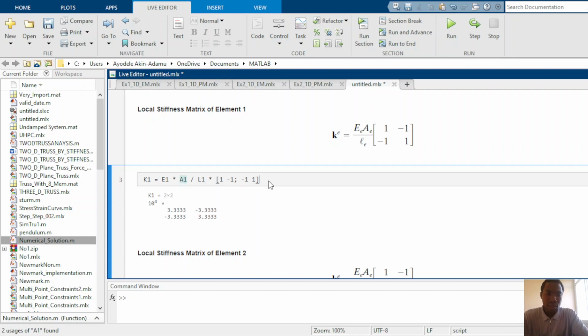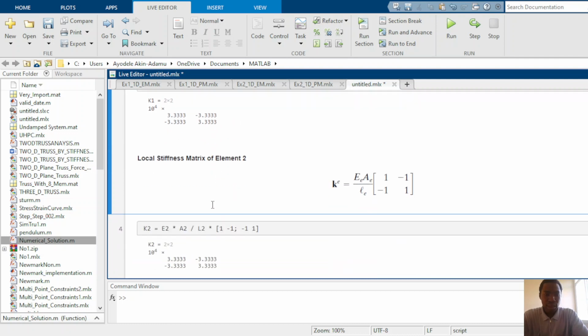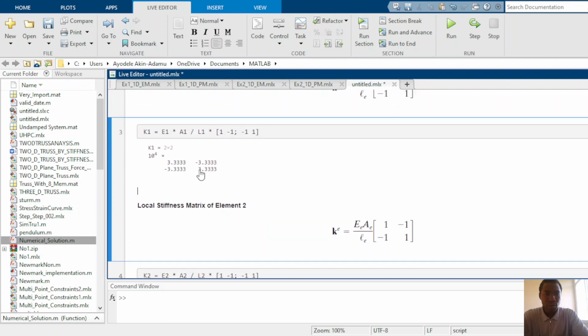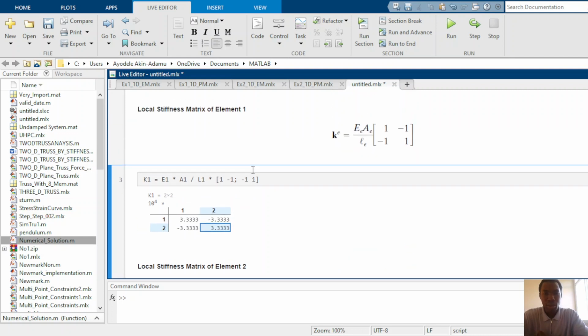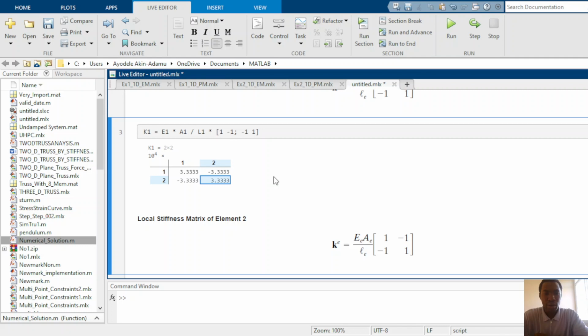So this is computed and evaluated, and it gives us this matrix, 3.33 times 10 to the power 4 Newton per millimeter. I always work in Newton for force and in millimeter for length. That is the SI unit I work in.